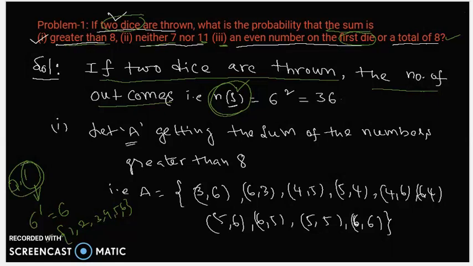If two dice are thrown, the number of possibilities are 6 square. If three dice are thrown, the number of possibilities are 6 cube, like that. So here 6 square is equal to 36. Number of possibilities are 36.